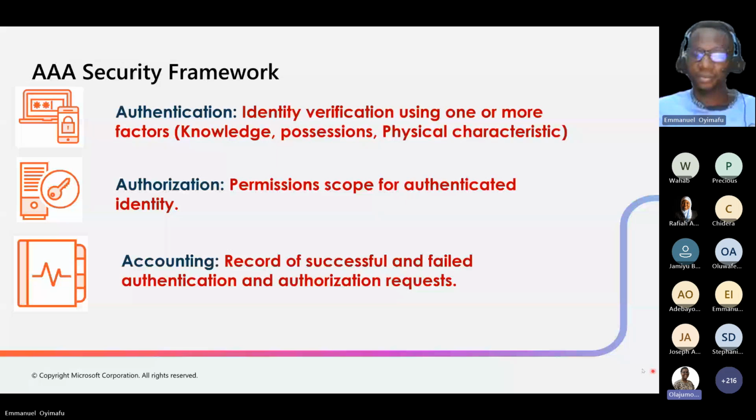That is what we call a directory. Think of it as a typical phone directory. If I ask you what you will see in a phone directory, you will see username, first name, last name, phone number, house address, all of those things. Those are the kinds of records you have in a directory.